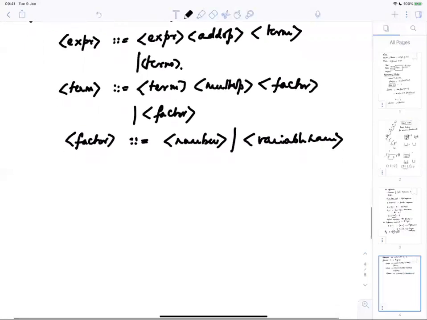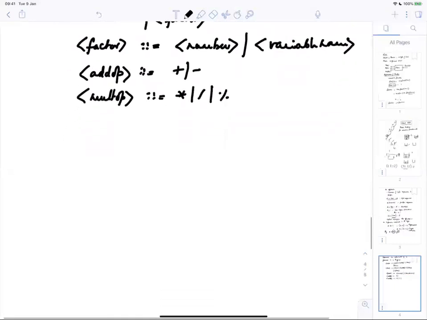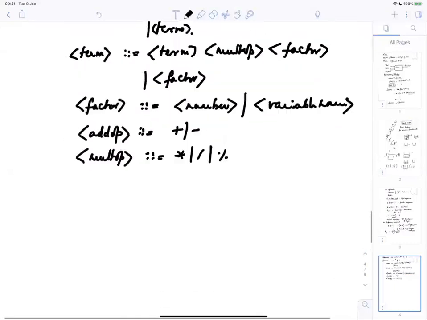And for the add operator, both plus and minus have the same precedence. The multiplication operator consists of star, slash, and percent in the context of C, the remainder when dividing two numbers, and so on.